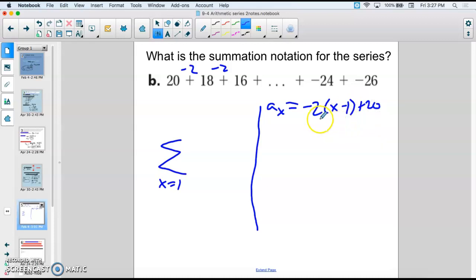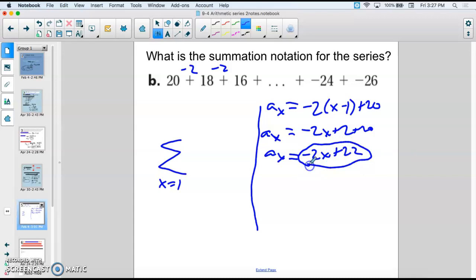First step, go ahead and distribute. Negative 2x plus 2 plus 20. And so negative 2x plus 22. Once we have it distributed and simplified, that can go into my notation.